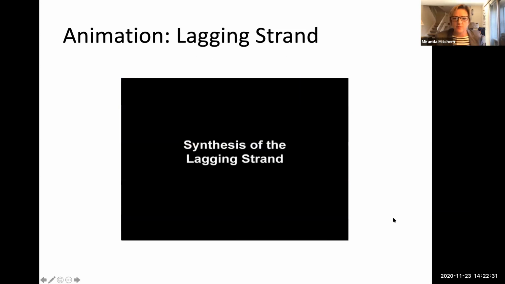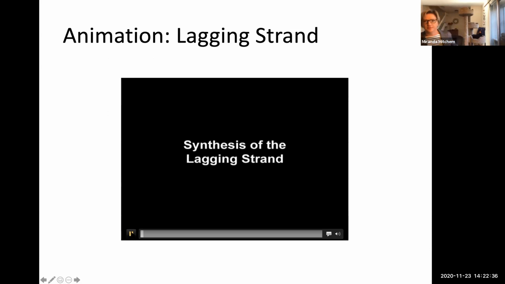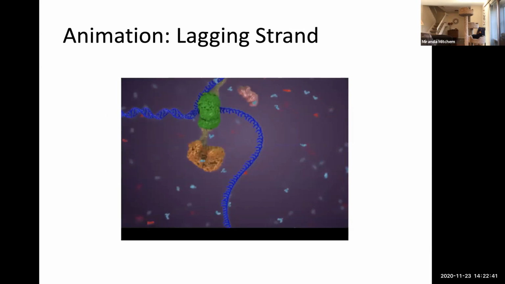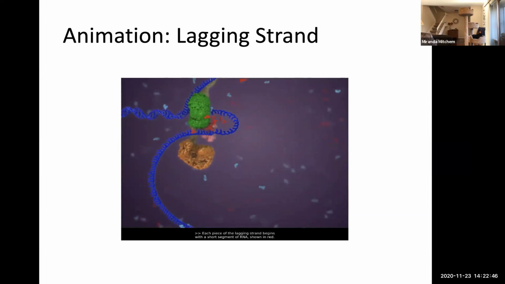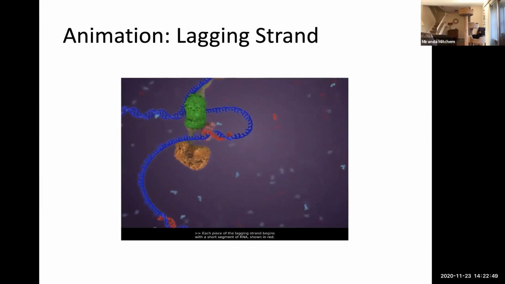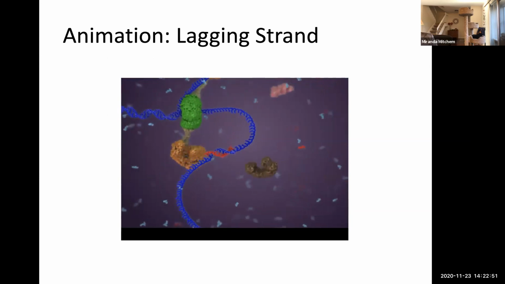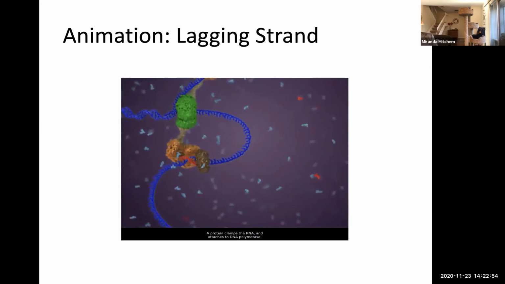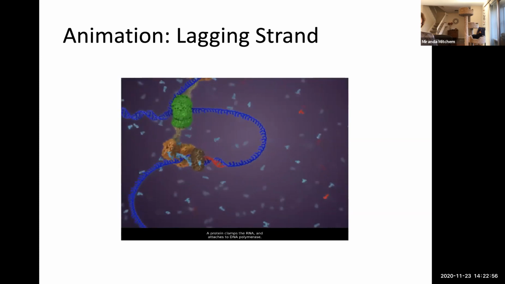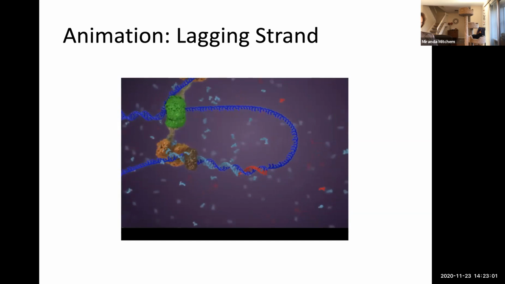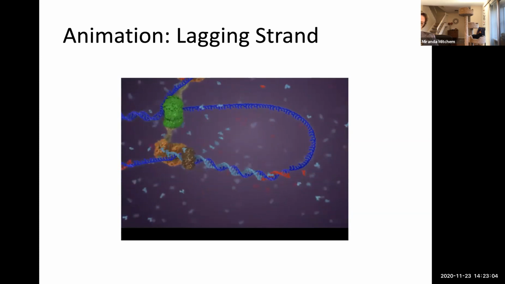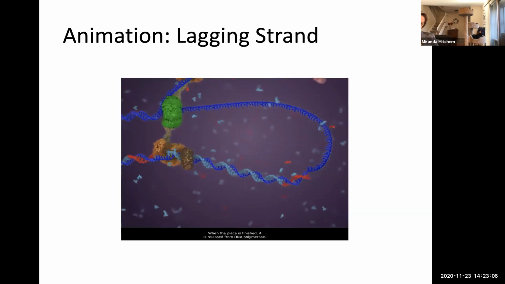Okay, let's move on to the lagging strand. Each piece of the lagging strand begins with a short segment of RNA, shown in red. A protein clamps the RNA and attaches to DNA polymerase, which builds the rest of the new piece as DNA. When the piece is finished, it is released from DNA polymerase.